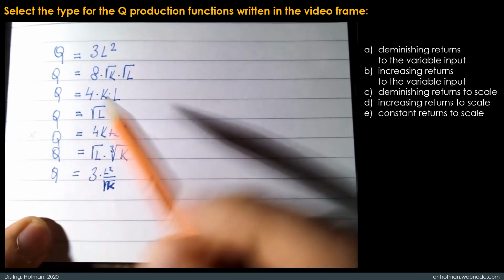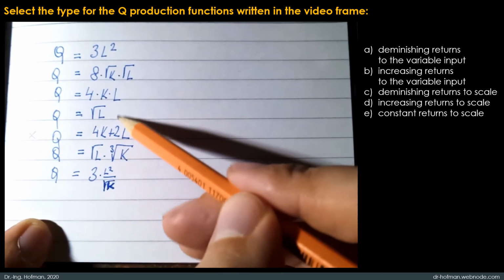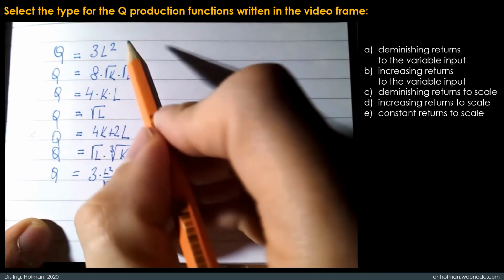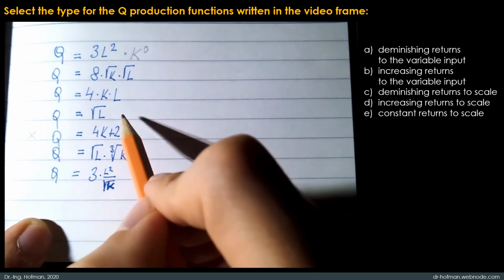These are the production functions in that form, but not the one with the x sign, because there is no multiplication but only subtraction or sum.